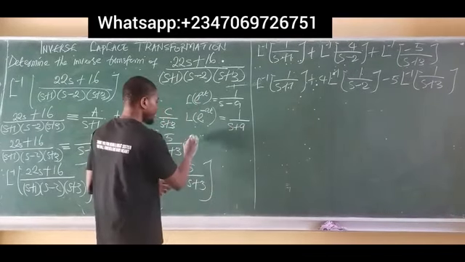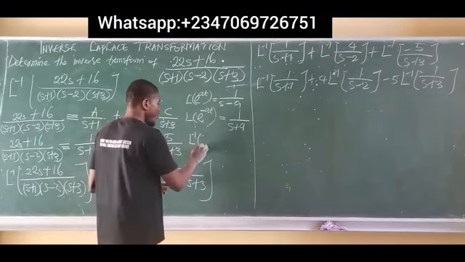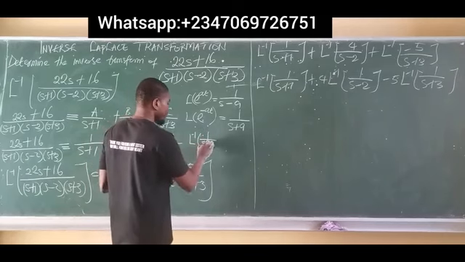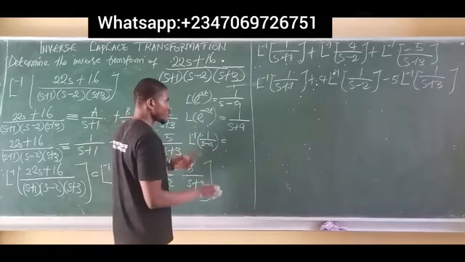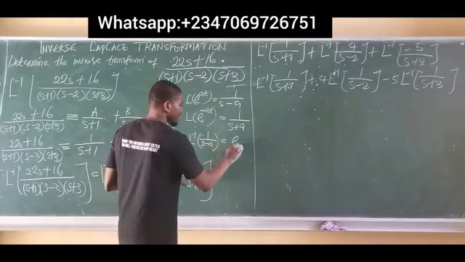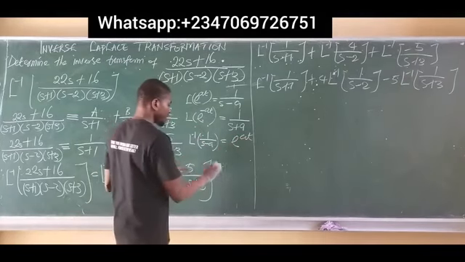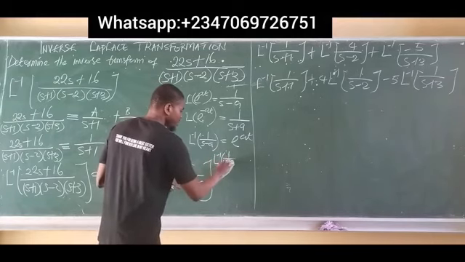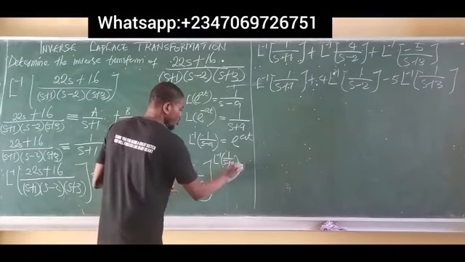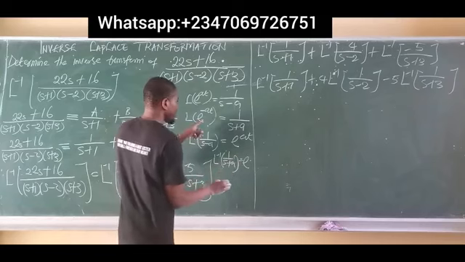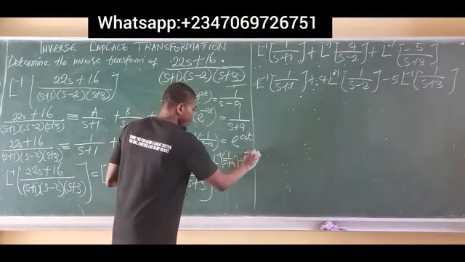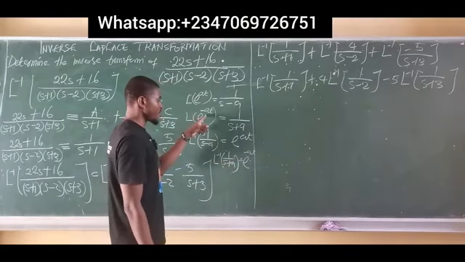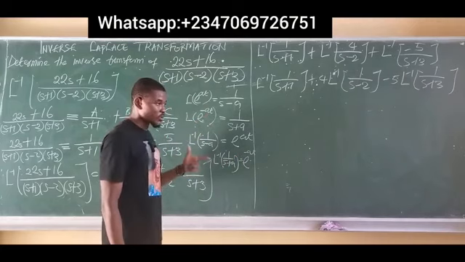So the Laplace inverse of 1 over s - a should give me e^(at). Same thing, the Laplace inverse of 1 over s + a will give me e^(-at), where a is a constant or a number.